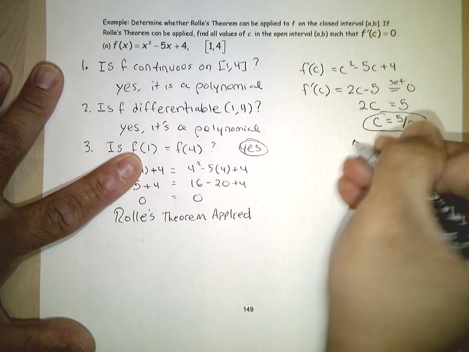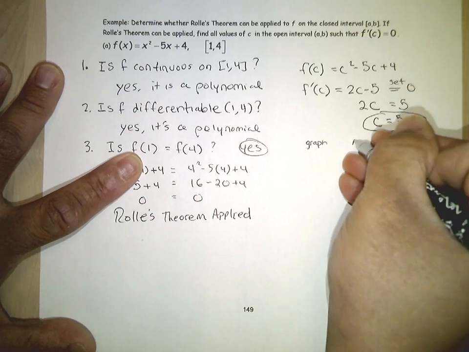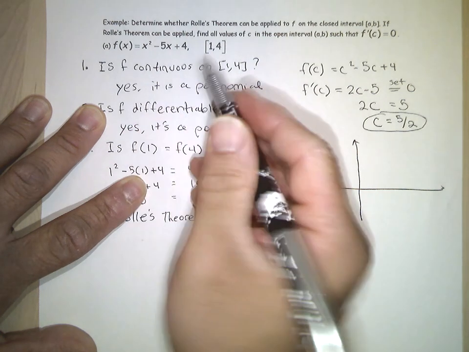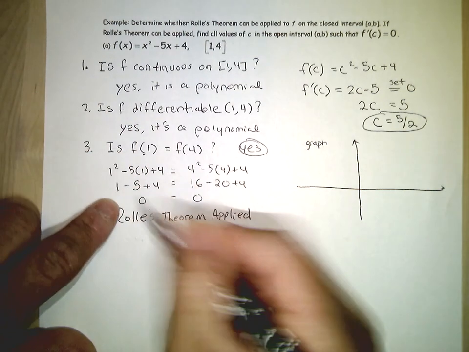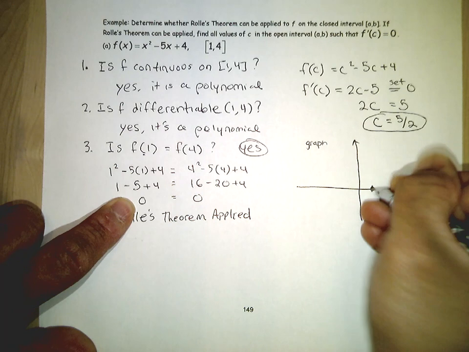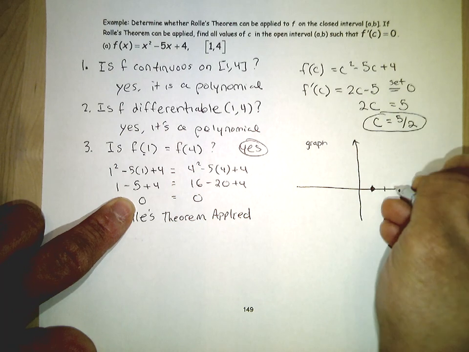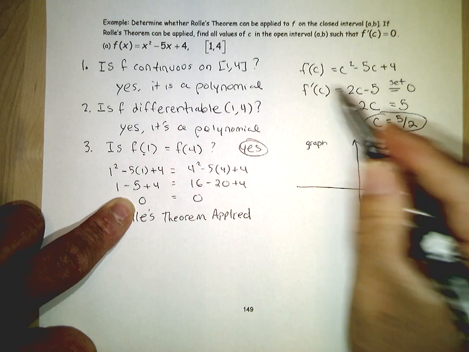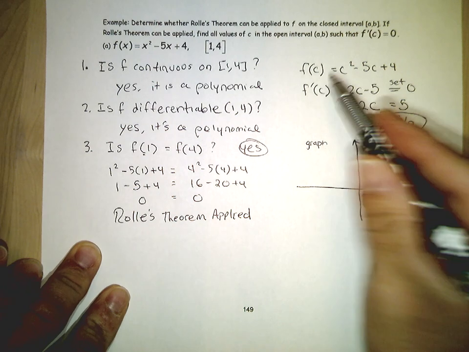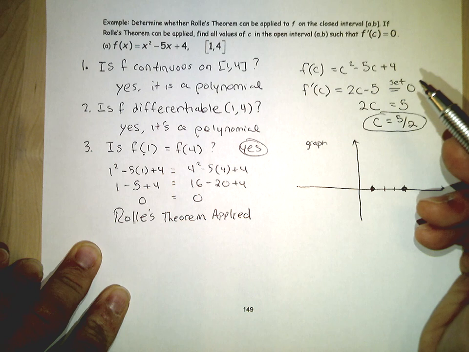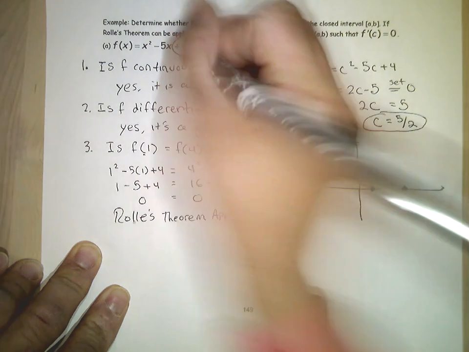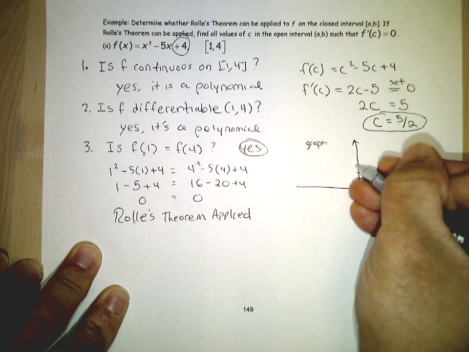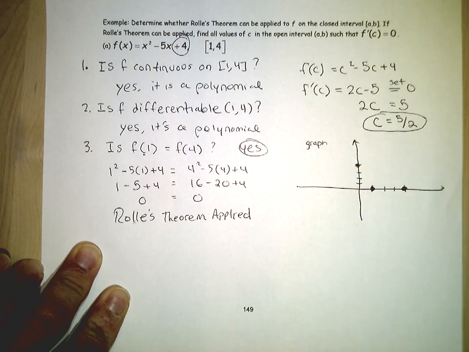So just keep that in mind, and if I want to make a sketch of this to figure out if what I said is all true, well, then f of 1 was 0, and f of 4 was 0, and I know that this had a y-intercept of 4, so 1, 2, 3, 4.